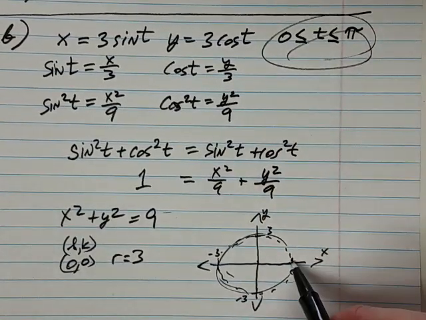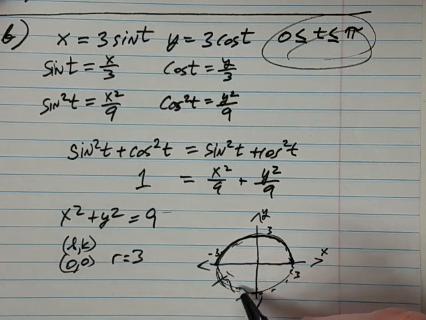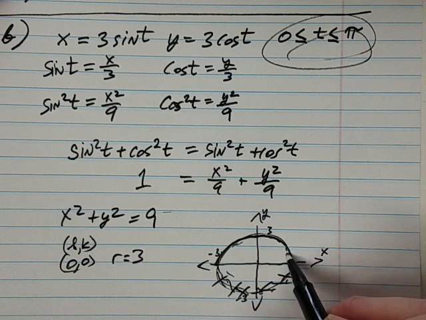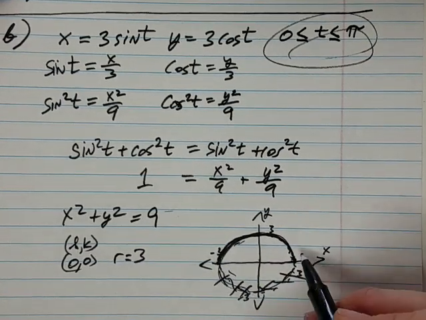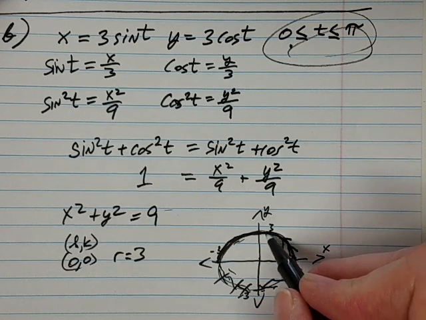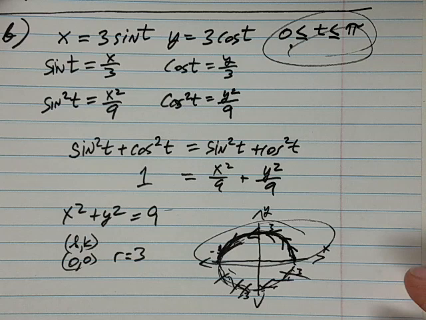We can actually only use this because we're not using 200 degrees or 270 and so on. So it's only in just this. So we're going from here to here, but we start at 0 and we'll go to pi. So we put the directional angles, and there we are.